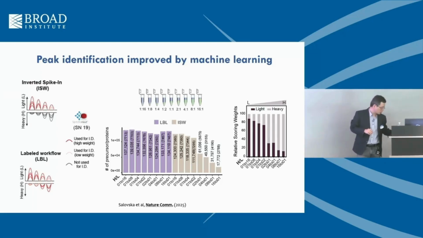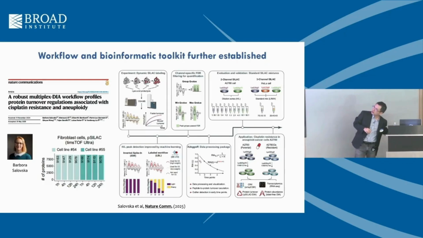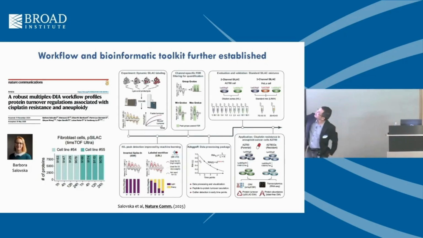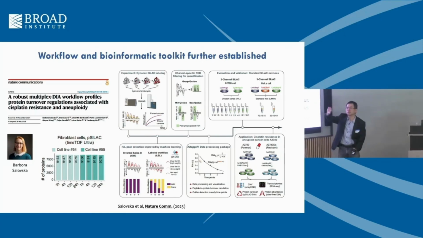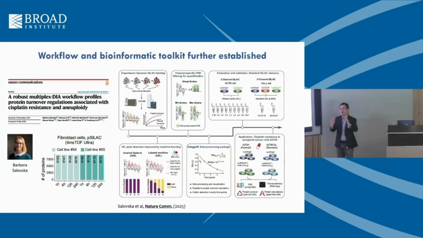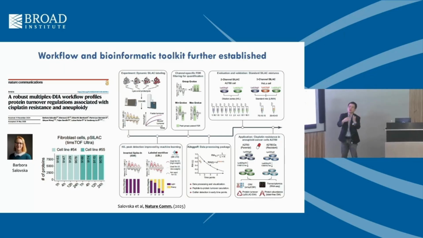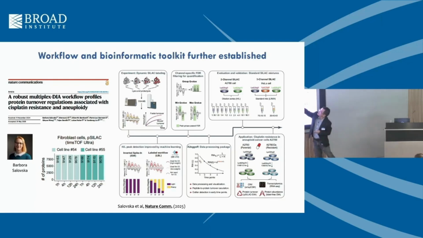And how that works is really related to the machine learning approach. If you think about it, if you flip, for example, heavy into the light, basically you have a lot of transitions from the heavy channel and from the light channel. Both of them can be used to identify the peptide. So in that case, the identification rate is actually very high. However, we also have the FDR to look at the quantification. So in that case, you can focus on the min Q or the max Q, where you really look at the channel-specific identification, or you really require both channels to be quantified.